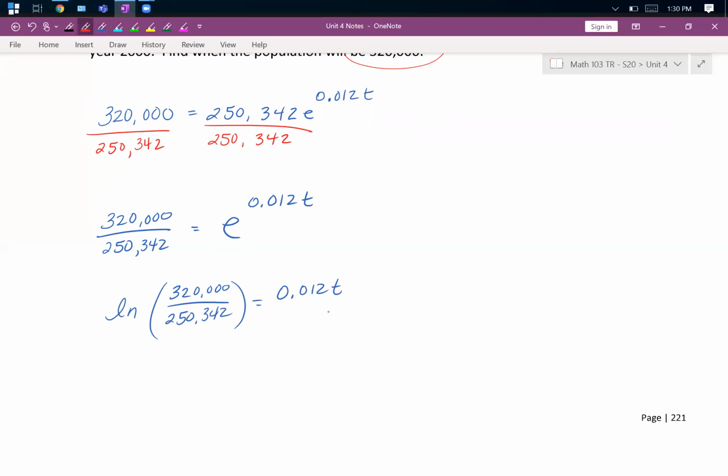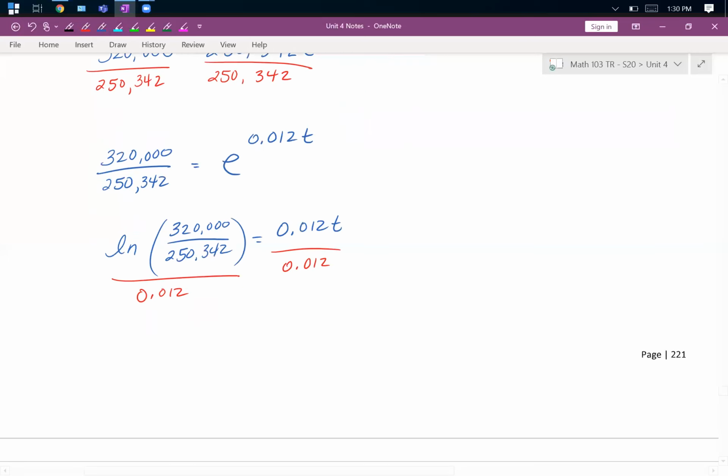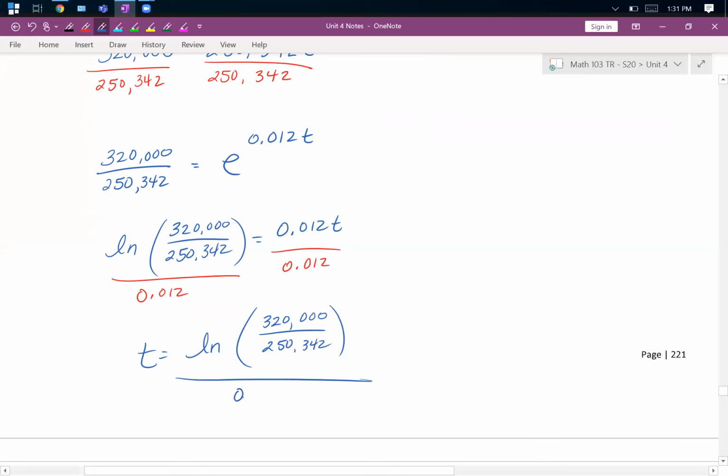And then we'll divide both sides by 0.012. We get t to be the natural log of 320,000 over 250,342, all of that divided by 0.012. And let me know what you get.